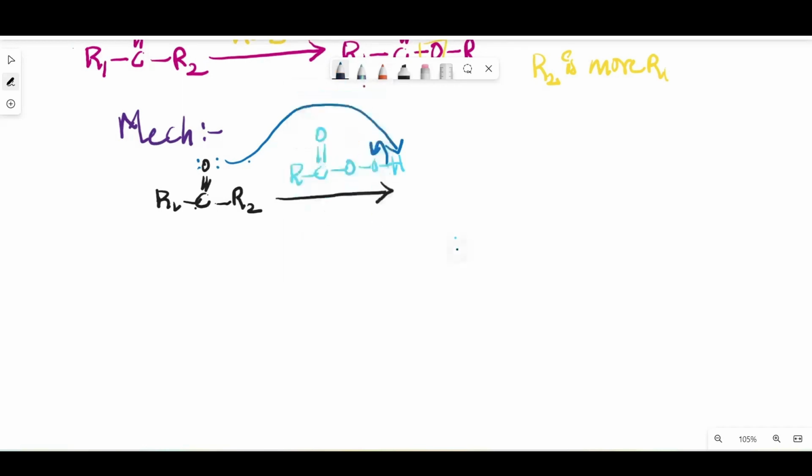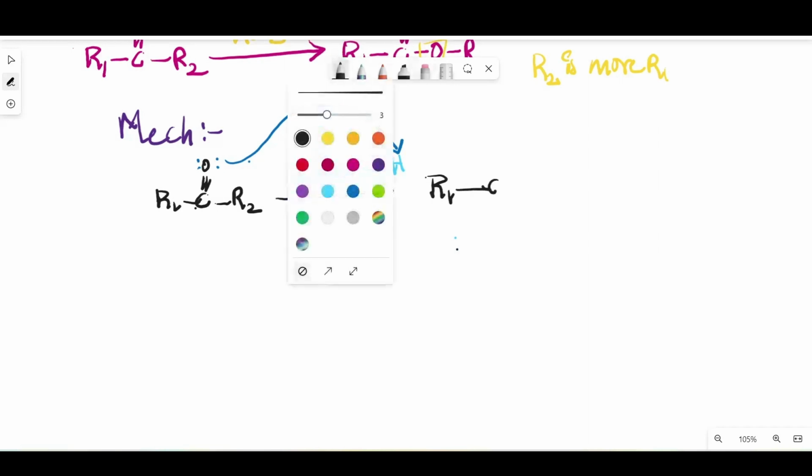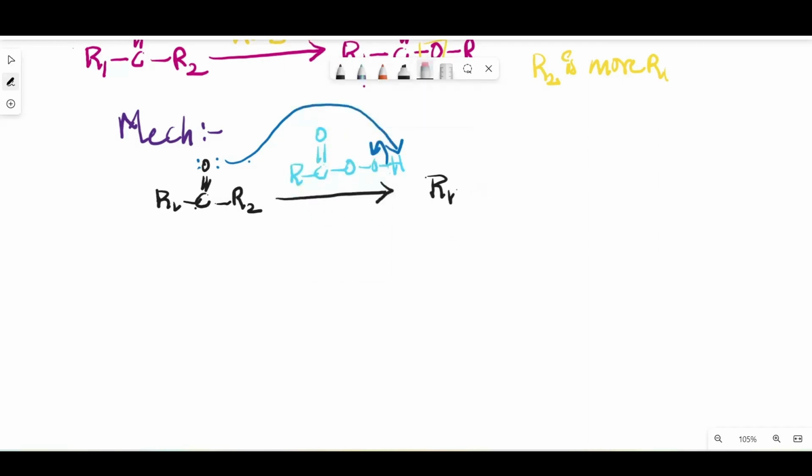Then you will get R1C=OH. Here we will get a positive charge because we donated the lone pair to this hydrogen, so we will get positive on this oxygen, and this one becomes RC=O minus.